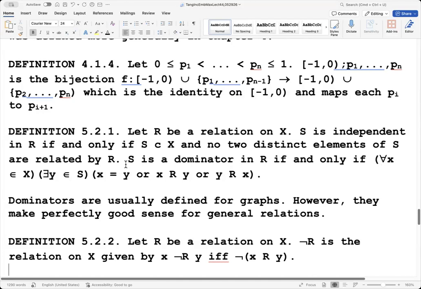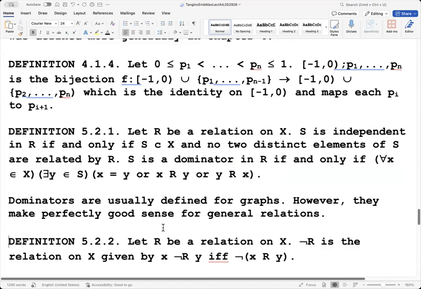S is a dominator in a relation, or in a graph, if and only if, given any point X, there is a point in S which is either equal to X or related to X. That's the notion of dominator, very important in graph theory. Of course, they usually often talk about finite graphs, but this is the key notion. Dominators are usually defined for graphs. Yeah, it makes general sense.